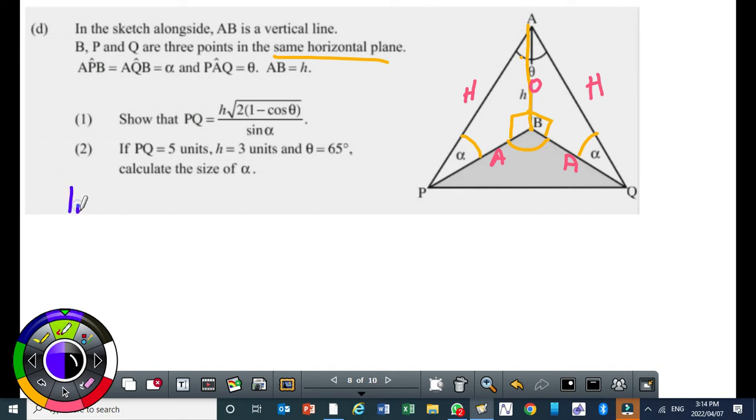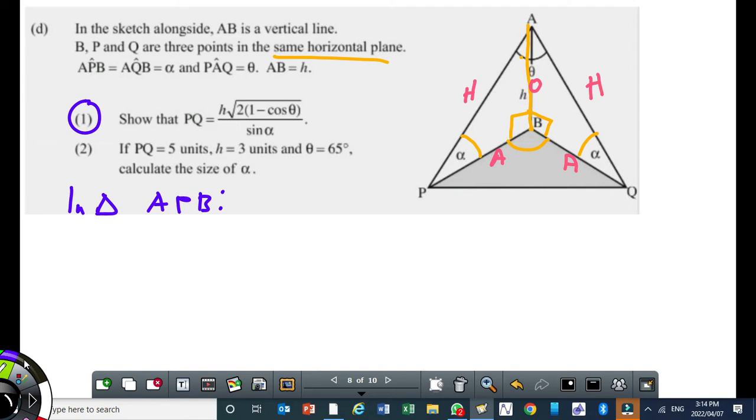So first thing I'll say, in triangle APB, if I use trig ratios to calculate the length of AP, I know the opposite side and I know the reference angle, so I use sine.